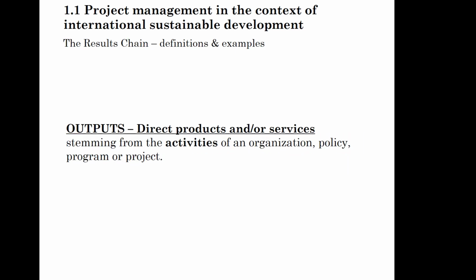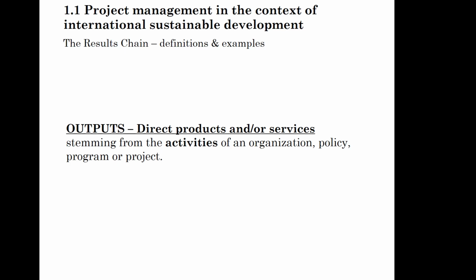Outputs are the direct products or services that are produced by the project and that need the activities of the development agency. This could be demonstration sessions and capacity development courses delivered on, let's say, the identification and management of crop diseases.